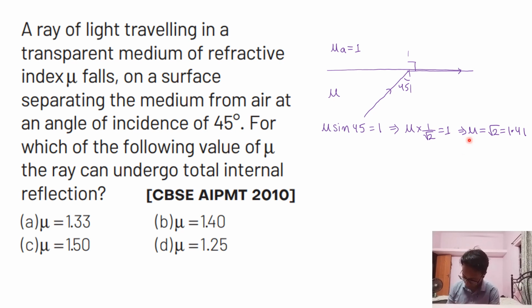So out here, if 45 degrees performs total internal reflection, that means this mu should be greater than 1.41. There is only one option which has a mu greater than 1.41, and that is option number C.